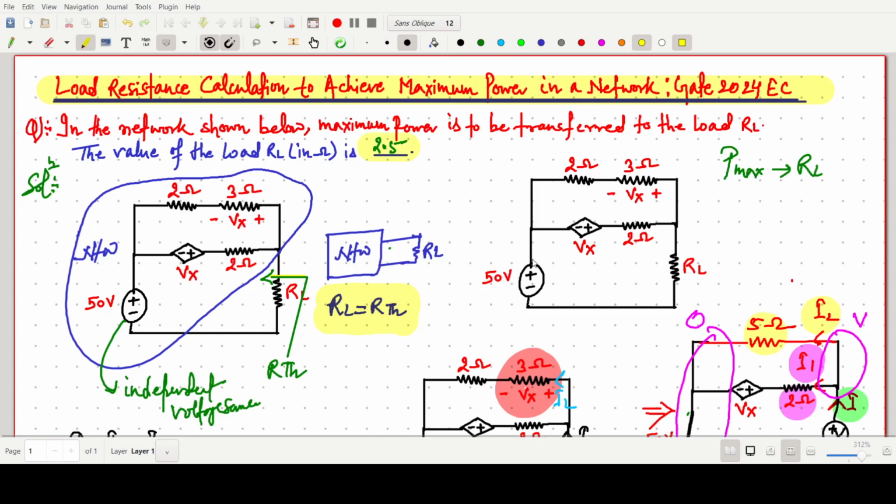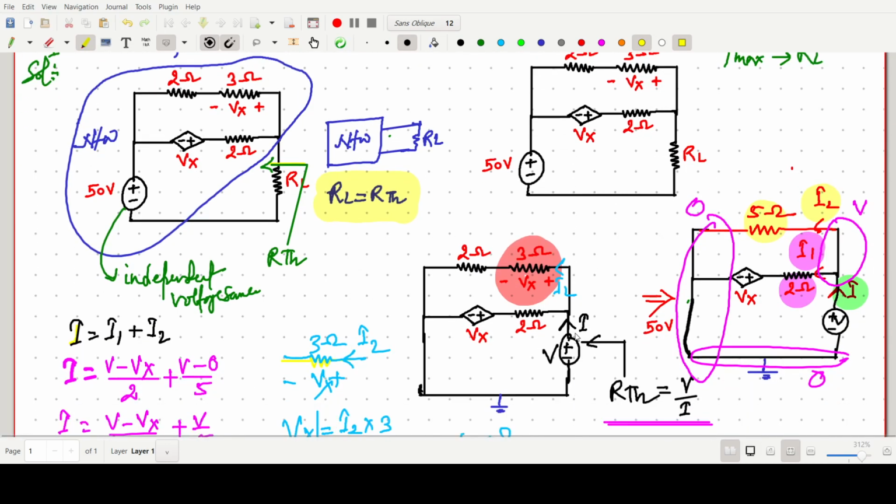So how to approach: because this one is a 50 volt source, we have to make it short. We can't do anything about it. Instead of RL, we put a voltage source V here and current I, then this current is say I1.